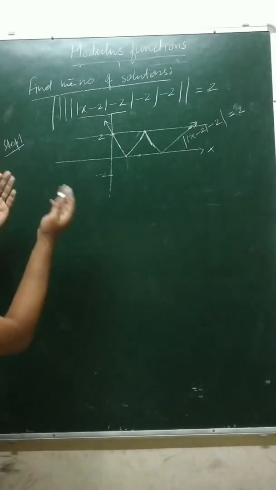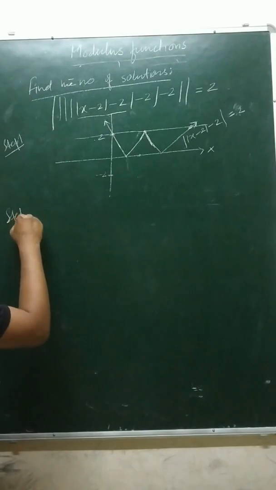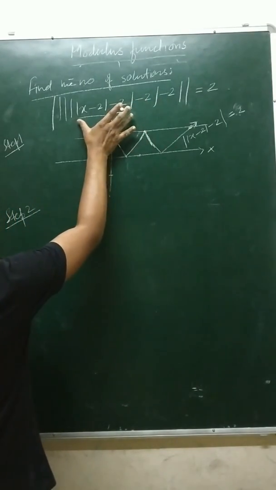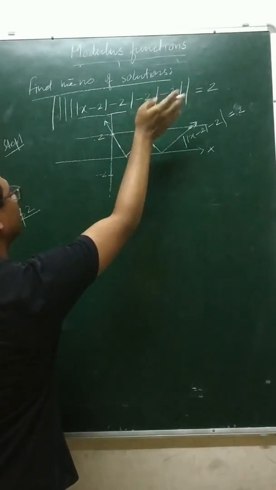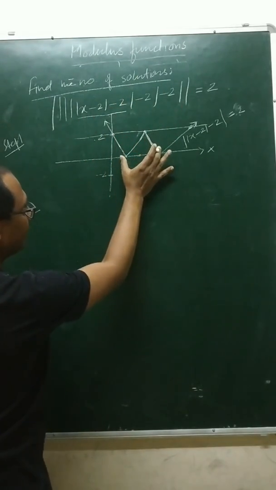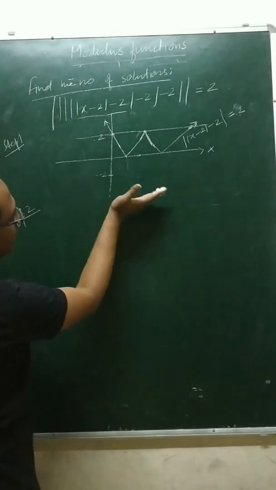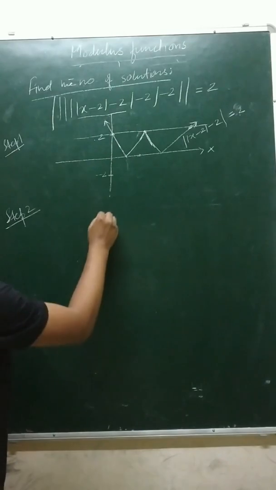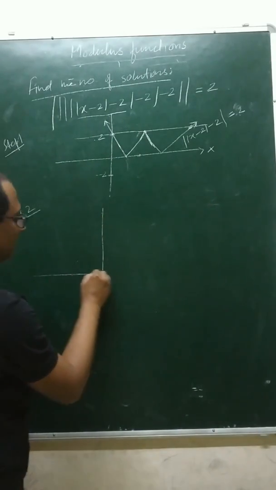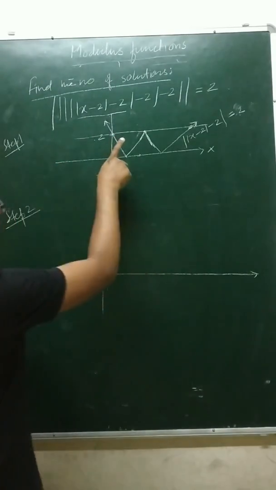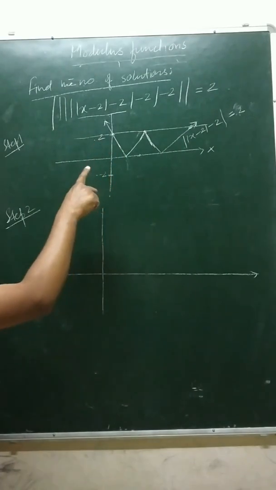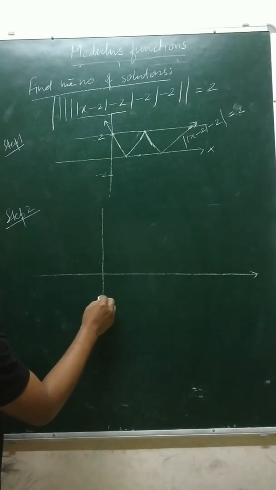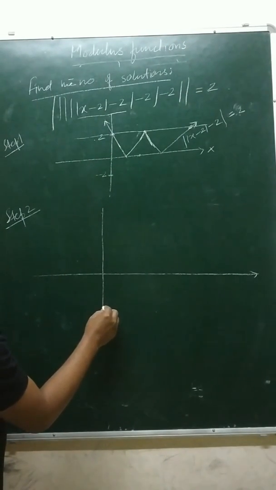Let us go for one more step. Let us go for the next. Till here, this one, then minus 2, then modulus. This exact thing will come 2 units below. Then we'll take the reflection on the x-axis. Getting it, I guess. The entire thing will come 2 units below, so it will look like this.